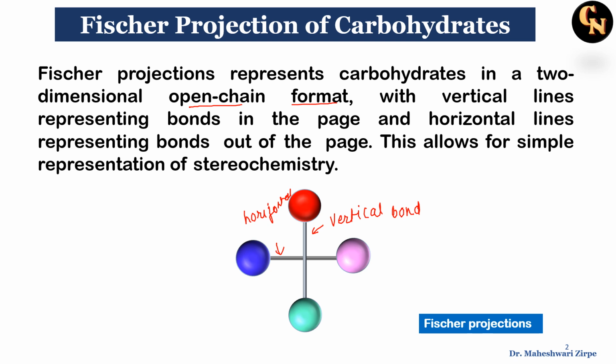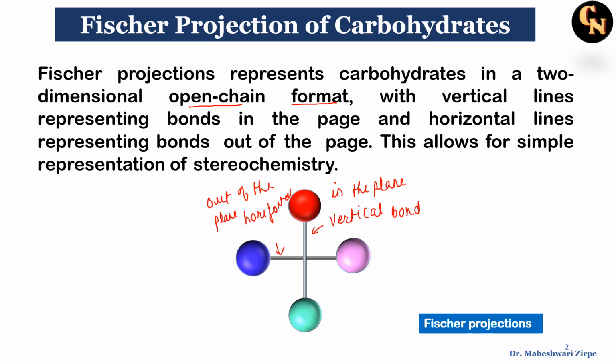So what does Fischer projection indicate? The vertical line represents the bonds and atoms in the plane, whereas the horizontal line and its atoms are out of the plane.